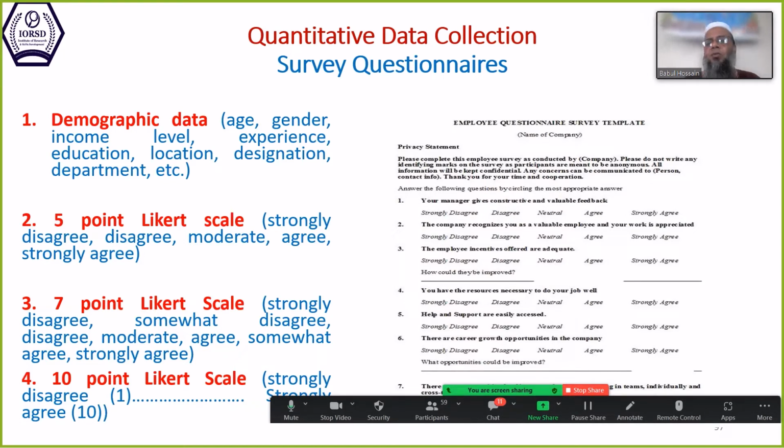Earlier, 75 to 80% of people used the 5-point Likert scale, 10% the 7-point, and around 5% the 10-point. Nowadays I have seen the editors of good journals prefer to use a 10-point Likert scale. So think about it.